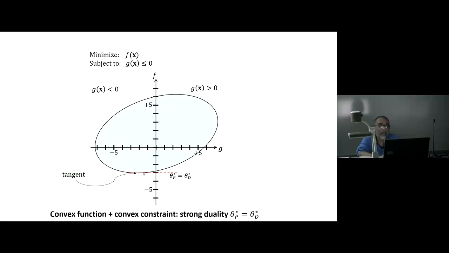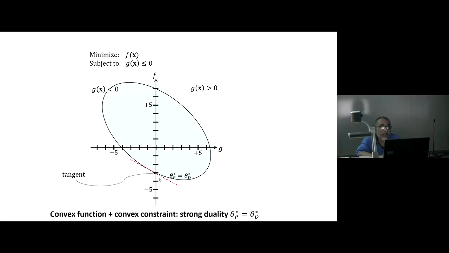Again here, lambda equals 0 and g is less than 0. Here, lambda is less than 0 and g is equal to 0. You see what's happening here. We'll visit this issue shortly. So this is another subtle point that you got from this graphical illustration.